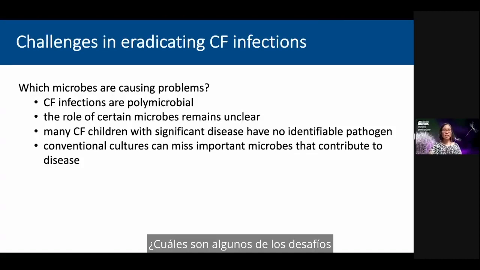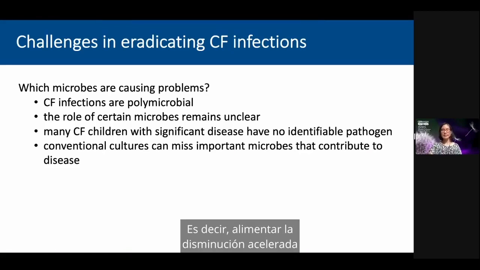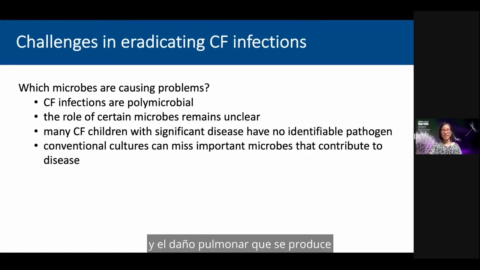So what are some of the challenges in eradicating CF infection? I just gave you what is the standard practice, but there are numerous challenges. First of all, do we even know which microbes are really causing the problem, meaning fueling the accelerated lung function decline and lung damage that occurs over the course of years of CF?